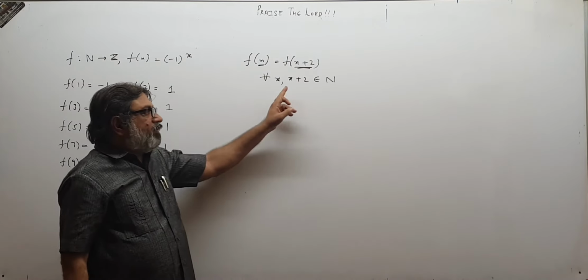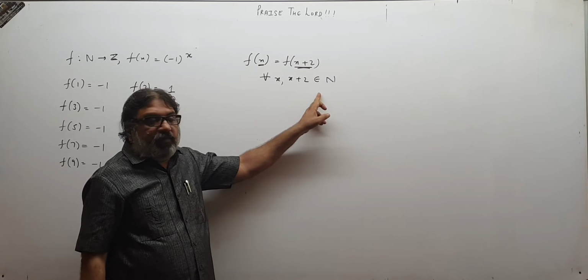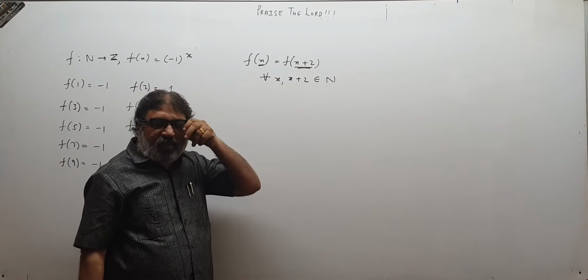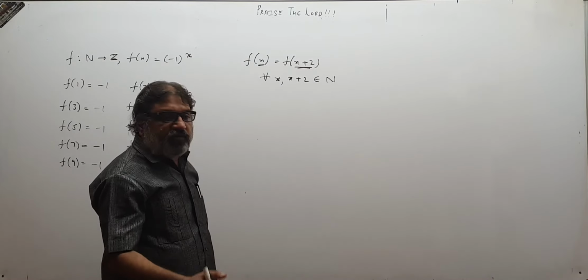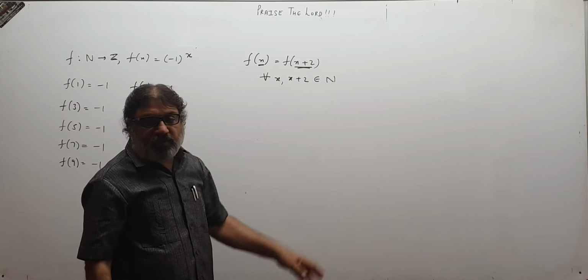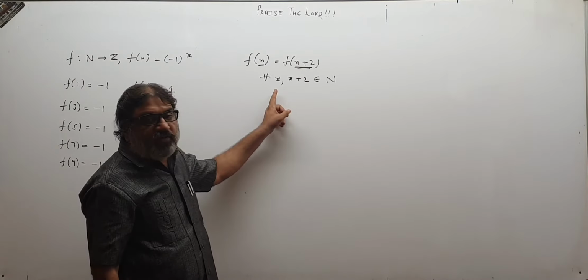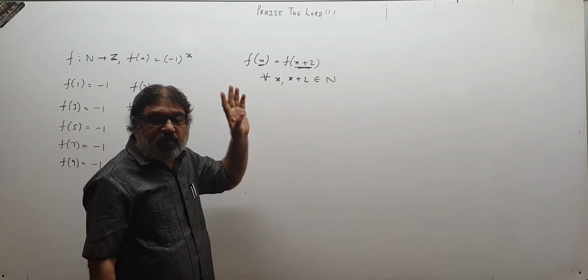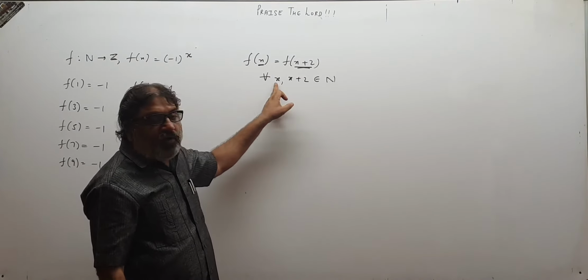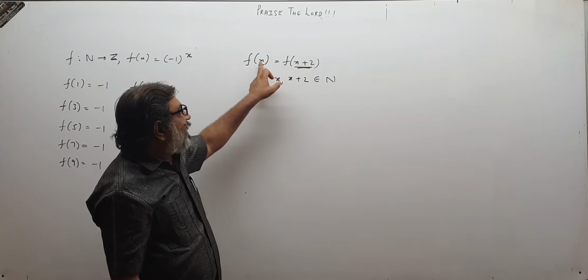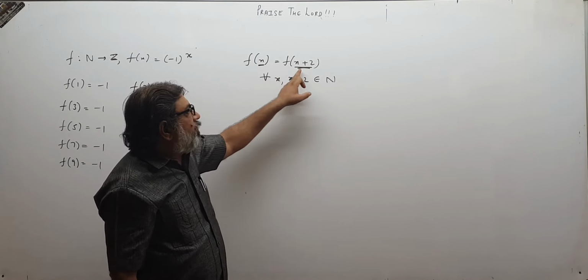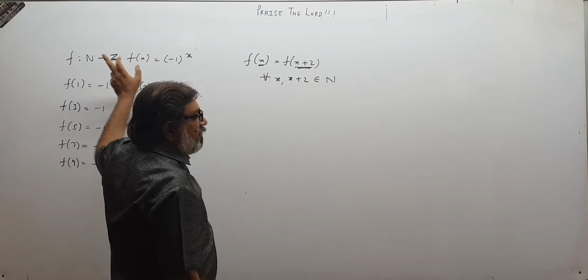For all x and x plus 2 from the set of natural numbers, means we have to take such values of x such that x and x plus 2 are natural numbers. I should not take x as 0, because then 0 will not belong to the set of natural numbers. Only such values of x are to be picked up such that this x and x plus 2, they both belong to the domain of the function which is the set of natural numbers.